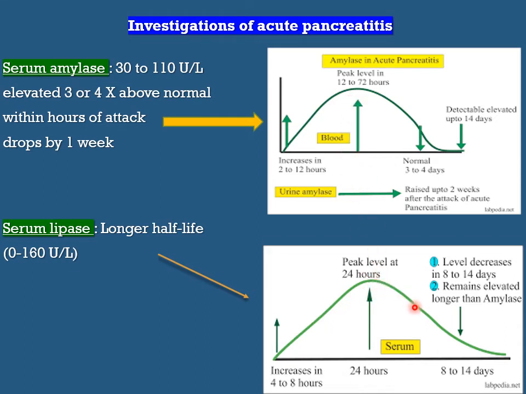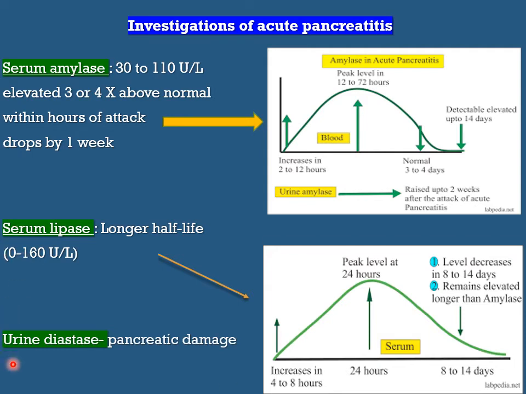And then it goes down a bit slowly, and it can be detected in the serum for 1 to 2 weeks. Level decreases in 8 to 14 days and remains elevated longer than the amylase. So this sometimes is a more useful investigation, because if the patient comes to you late, then the serum amylase may be normal, but the diastase will be positive.